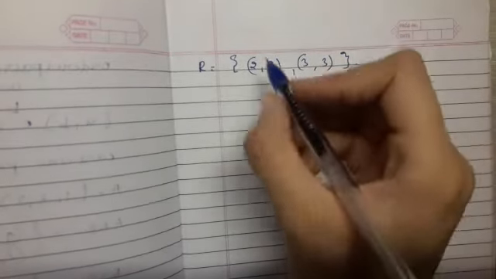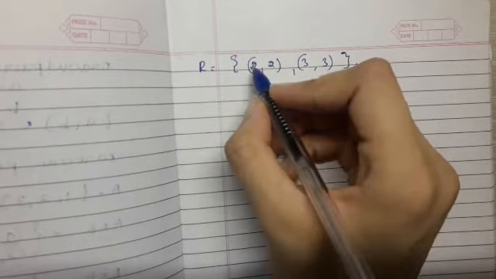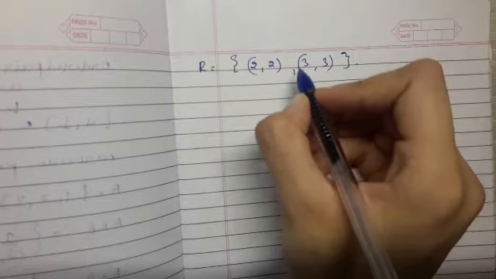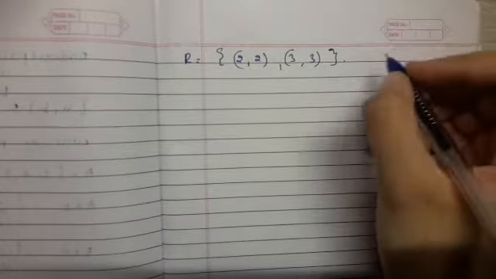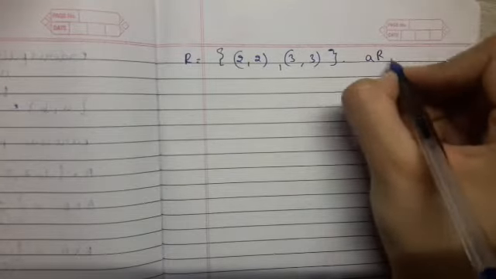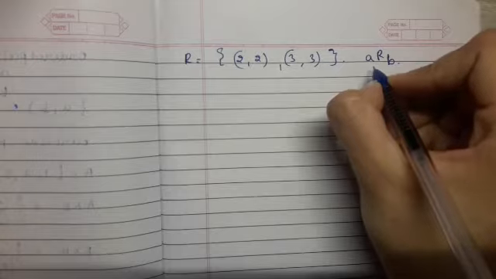And now let's look at what we call the codomain, the range and the domain. The first components are the domain and the second components are the range. Because we define a relation aRb, the first components are kind of like the input values.